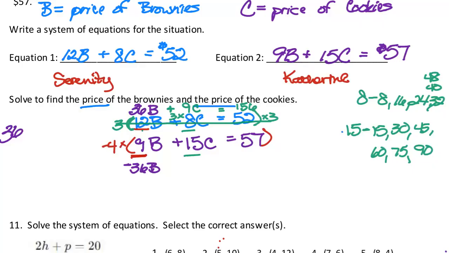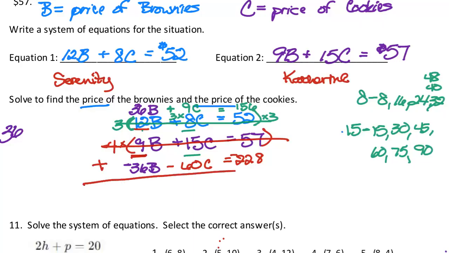Negative 4, yes. So I need to multiply by negative 4. So negative 4 times 15 is going to be negative 60C. And negative 4 times 57 is going to be negative 228. Put a single line through that.